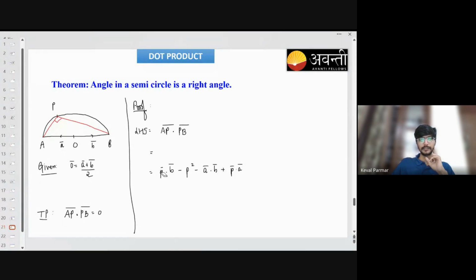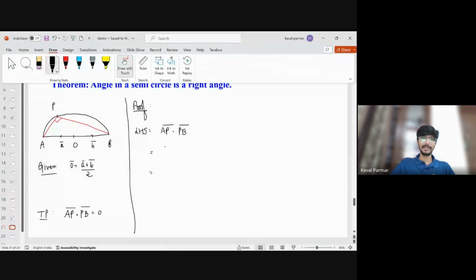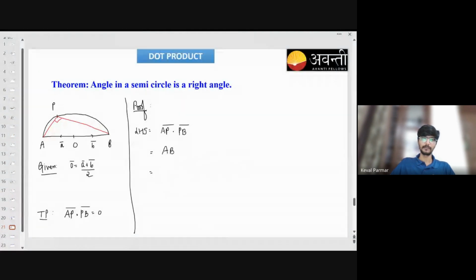Okay. Yeah. So if I use the triangle law here, I can write AP bar as AB bar plus BP bar dot BP bar.